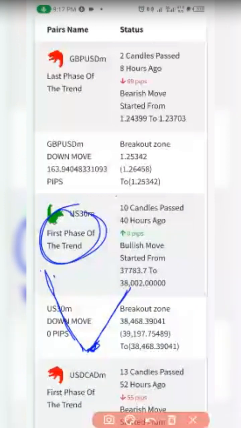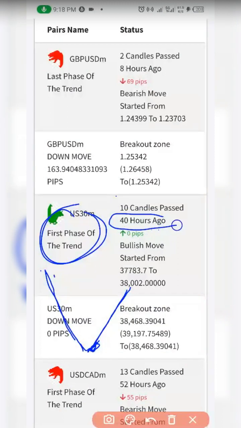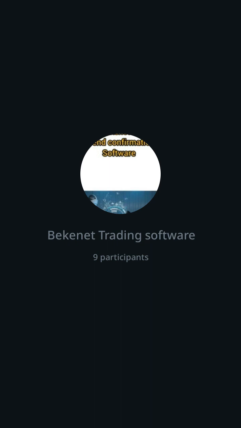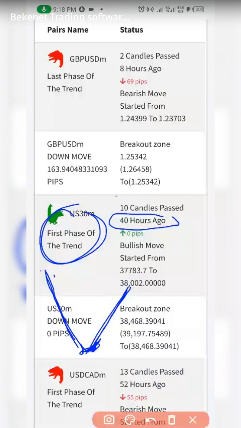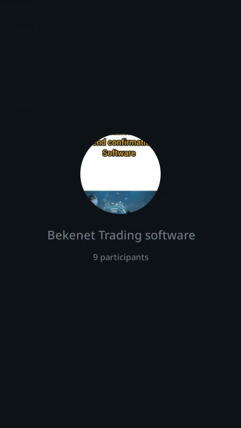Since this is a 4 hours candle that we're using, it has done 40 hours, which is approximately a day and some hours. So if we check the chart now, we'll see that US30 was falling before, then it started moving up from a point. That means it's on its first phase of a bullish move.